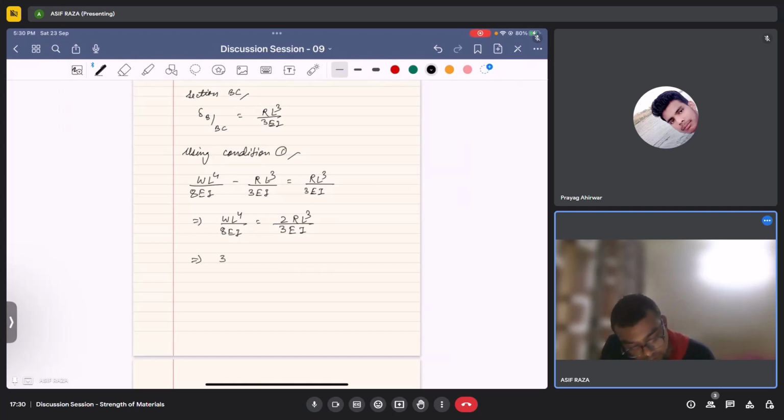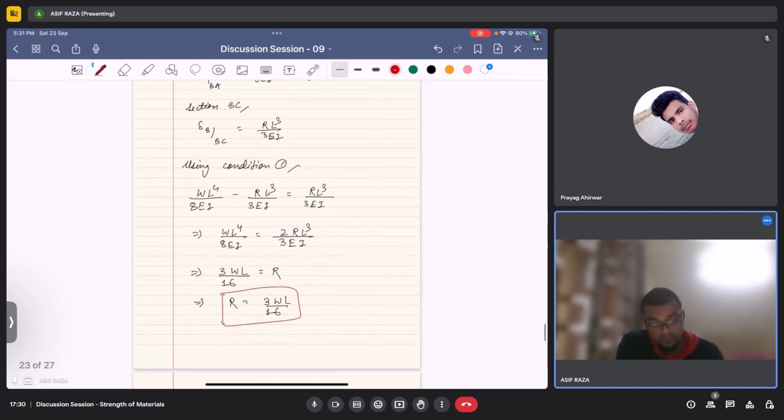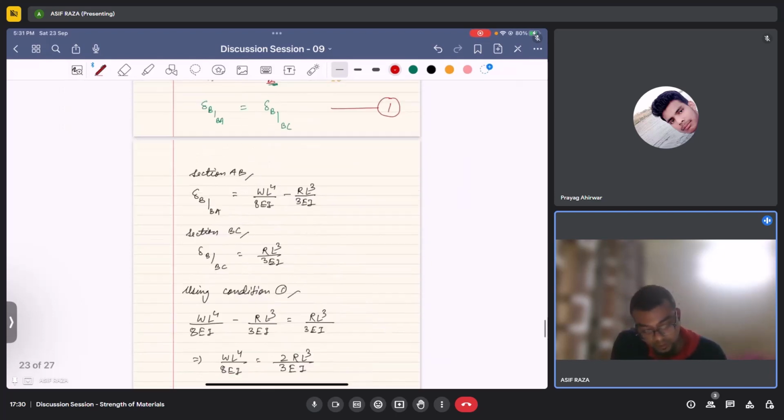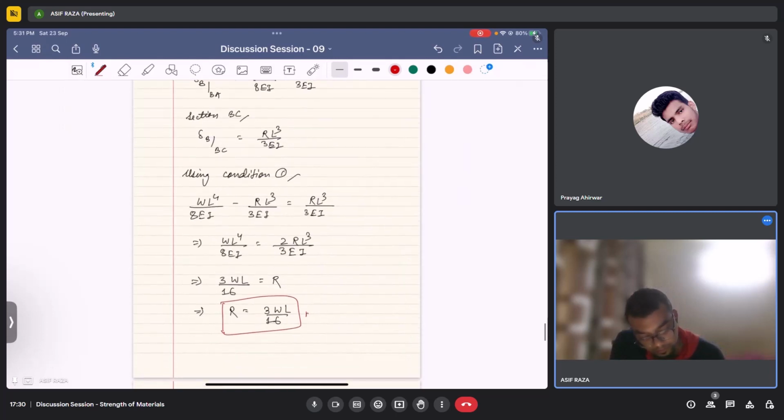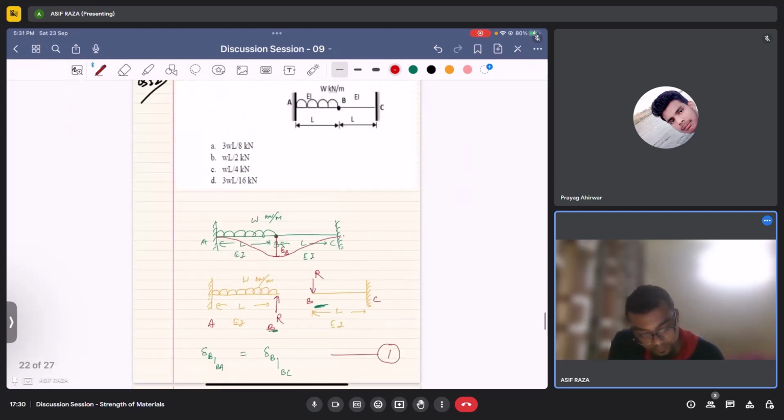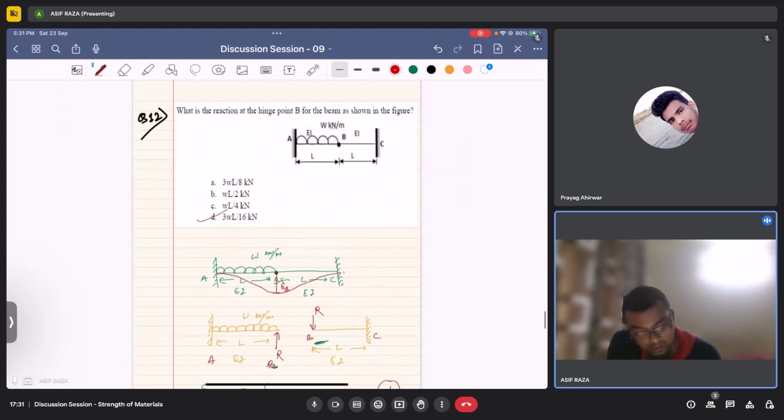This would be equal to 3WL by 16 equal to R. The reaction force R will come out to be 3WL by 16 kilonewton. Answer is option D, 3WL by 16.